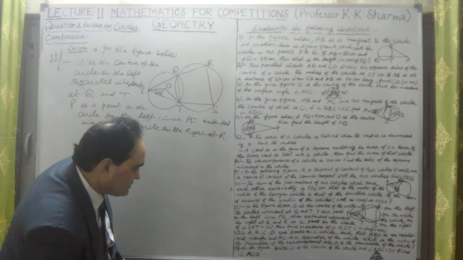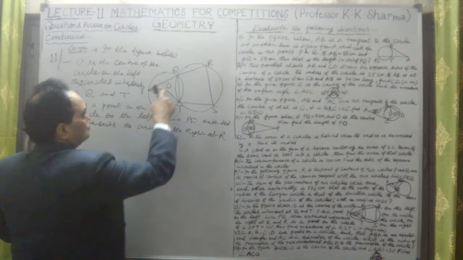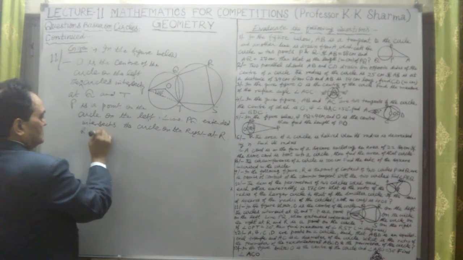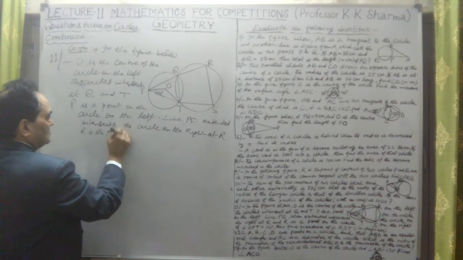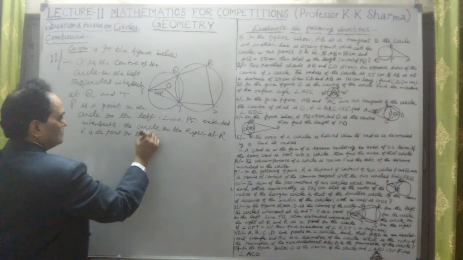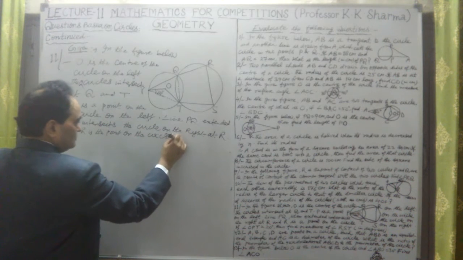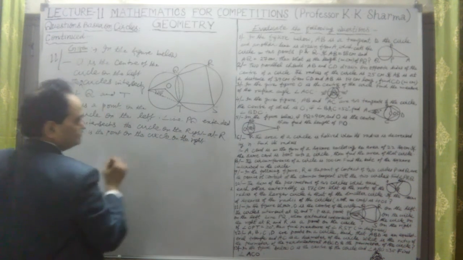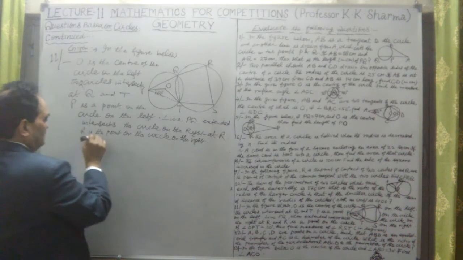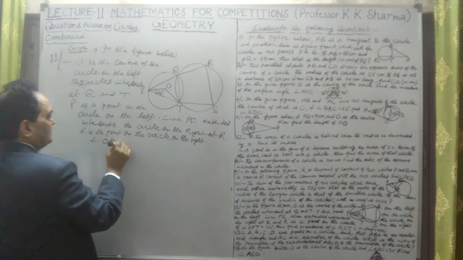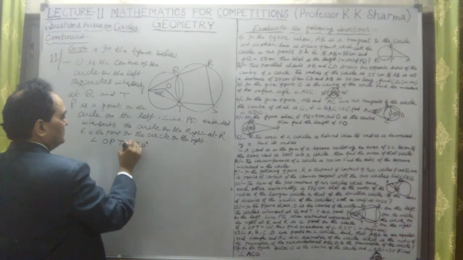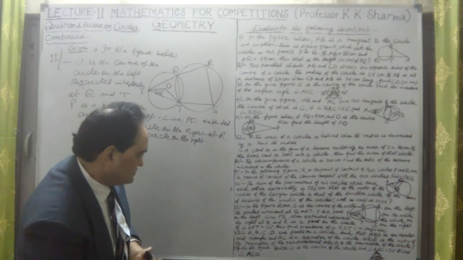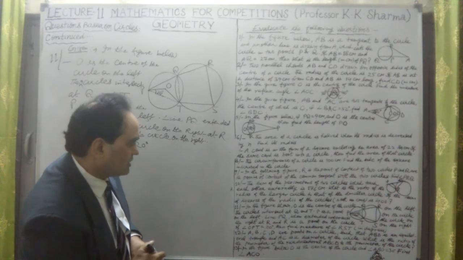Then angle OPT is equal to 20 degree. Angle OPT is 20 degree. Then find the measurement of angle RST.